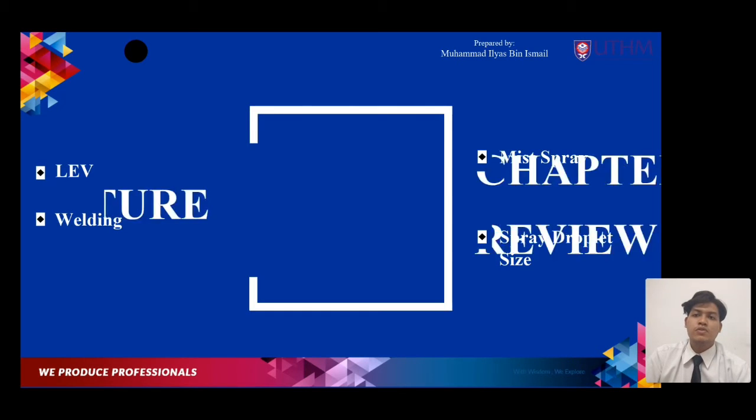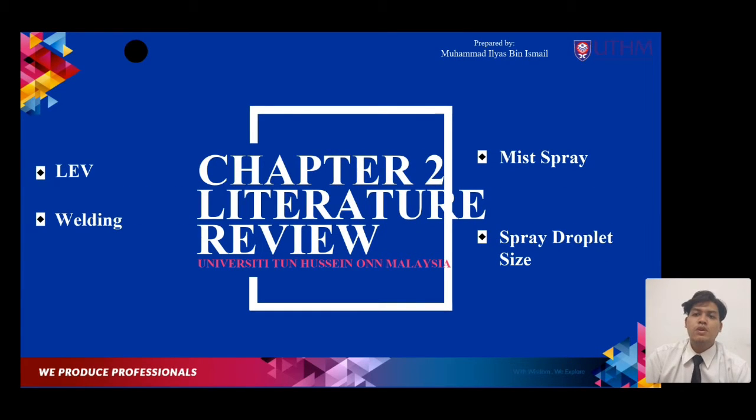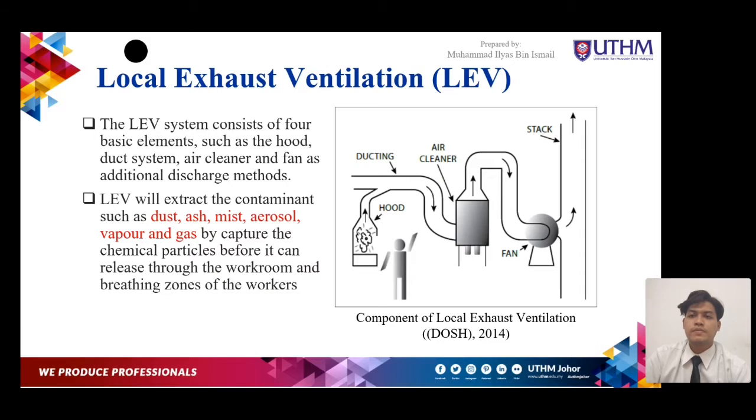Next, move on to chapter 2. I will explain about LEV, welding, mist spray, and spray droplet size. For the LEV, it consists of 4 basic elements such as hoods, duct system, air cleaner, and fan.